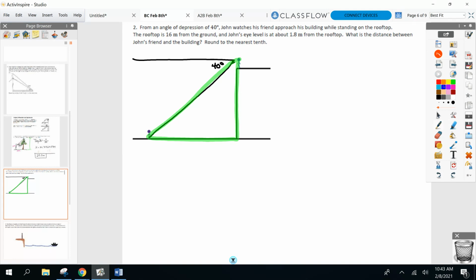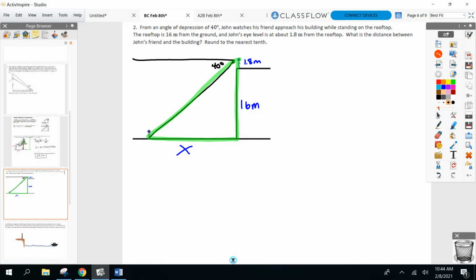That's not the only piece. The rooftop, 16 meters from the ground, so rooftop here. And his eye level is 1.8 from the rooftop. So there's 1.8 from the rooftop. What's the distance between John's friend and the building? All right, well, his friend's on the ground. The building's over here, so we're going to be looking for that.